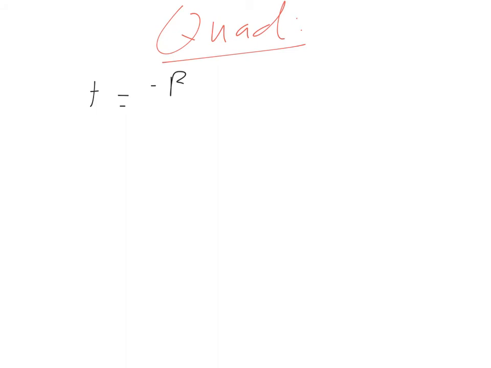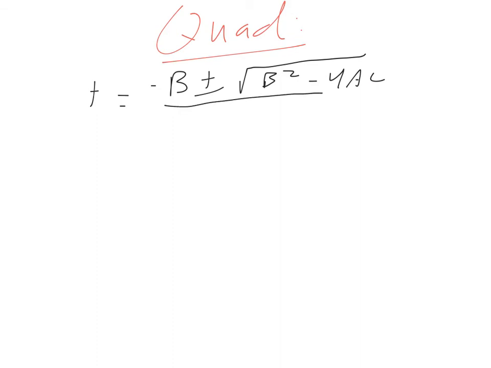It's negative b plus or minus square root b squared minus 4ac, all that quantity over 2a.